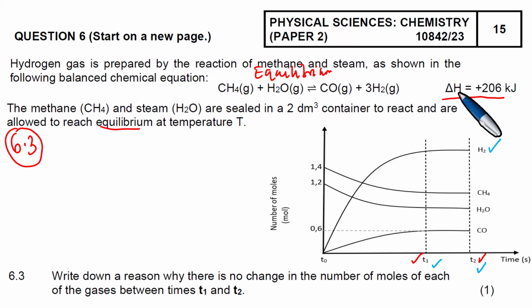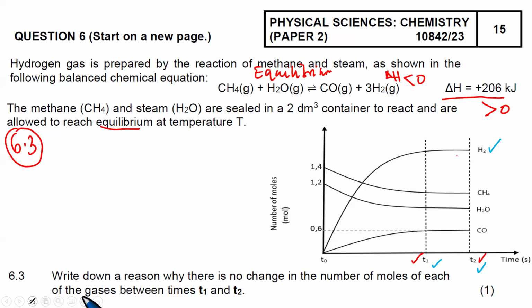These are either endothermic or exothermic reactions. If they're exothermic reactions, it means the heat of reaction is negative. If the heat of reaction is positive, it means we are dealing with endothermic chemical reactions. We proceed as follows. 6.3.